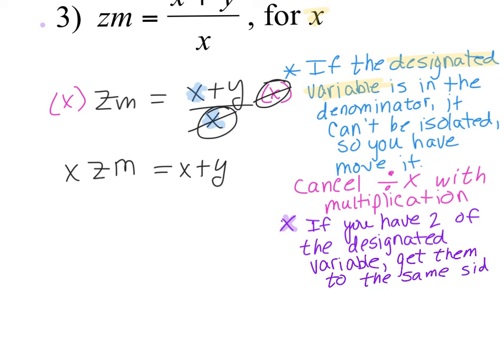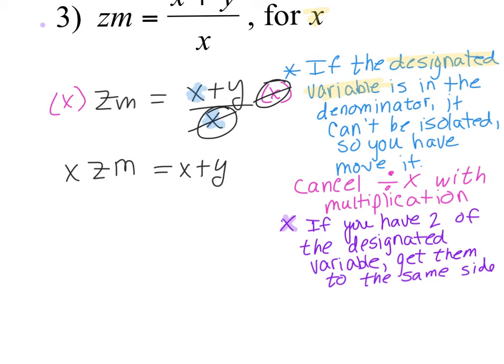Right now, they're not on the same side, are they? You've got just a plain old x over on the right-hand side, and you've got your xzm over here on the left-hand side. In order to be able to do the mathematical magic we're getting ready to do, we've got to get those variables on the same side.